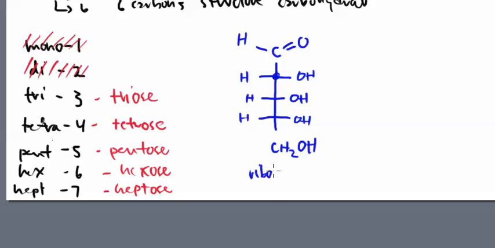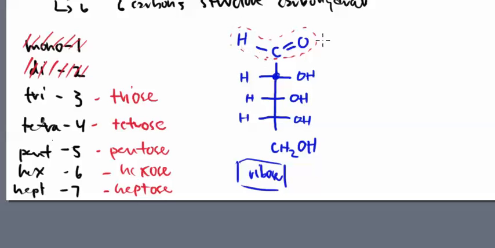Now, we've not taken a look at actual structures of sugars yet. We're only classifying them. That's all that we're doing. So that's to come. But for now, that sugar is called ribose. So let's go through our classification schemes and name it. Well, is it a polyhydroxy aldose or is it a polyhydroxy ketose? Well, this is the aldehyde functional group right here.